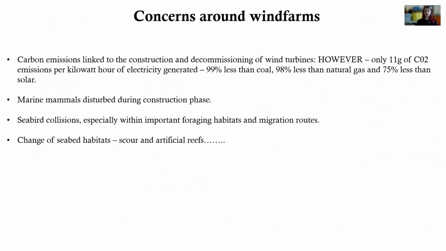So I'm sure you know there are some concerns over wind farms. Partly the materials that go into the foundations, into the blades. You've got sort of carbon footprint there. However, when I looked into it, there are various estimates. One estimate I see a lot is 11 grams of CO2 emissions per kilowatt hour of electricity generated. That is hugely less than virtually anything else.